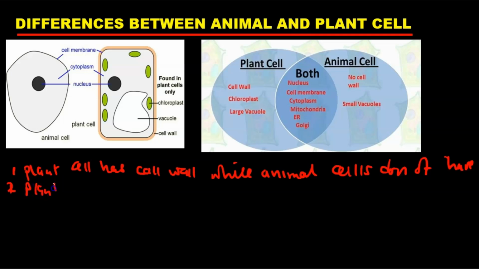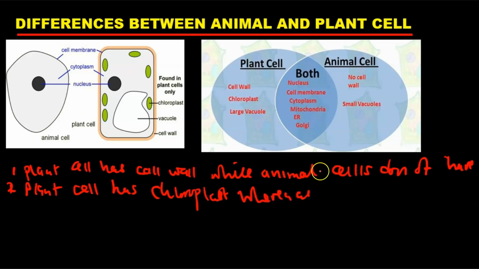So plant cell has chloroplast, whereas animal cell do not have. Okay?